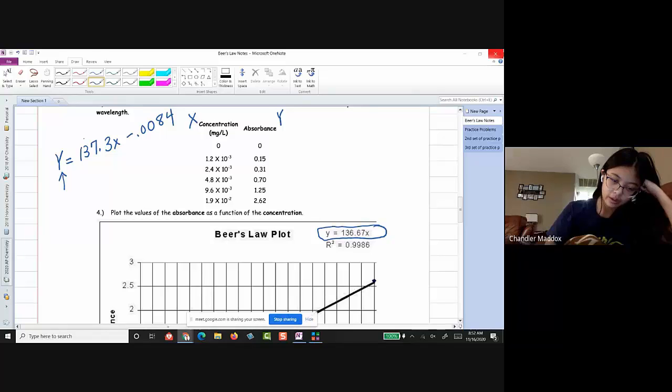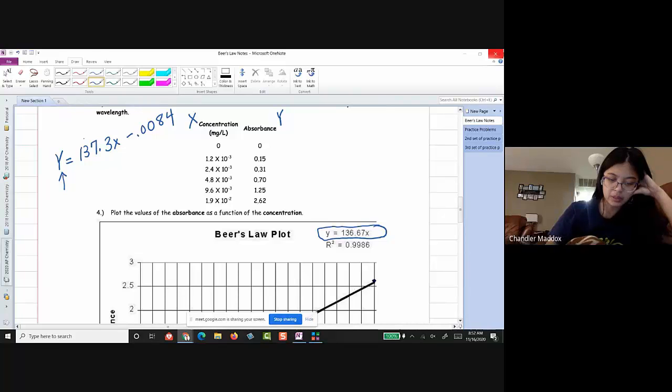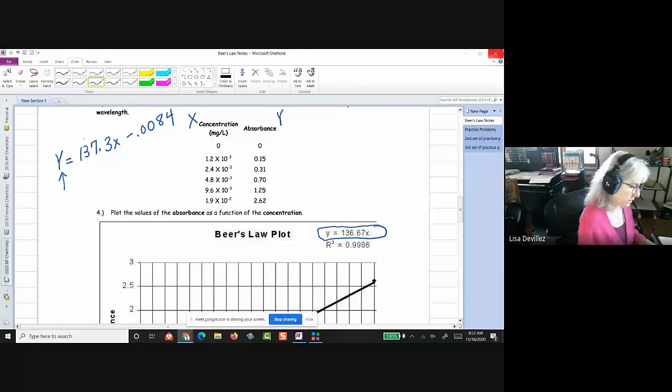Where do they see y? How do you find y? In the linear regression, that equation they give you, it's always y equals that. So I have to do the math myself? For, you mean like if you have an unknown?